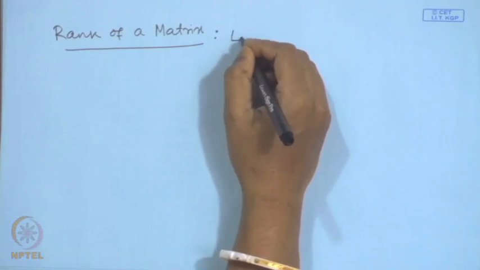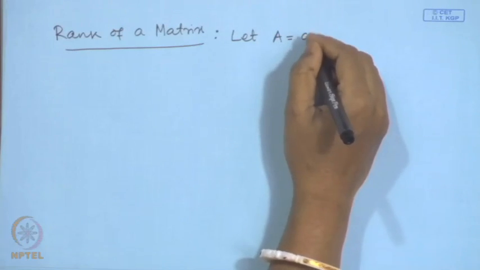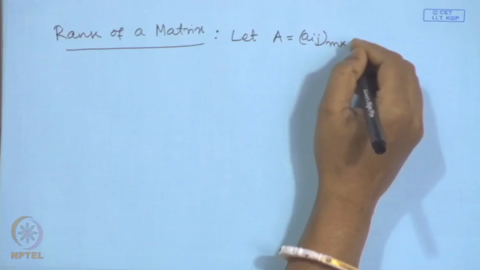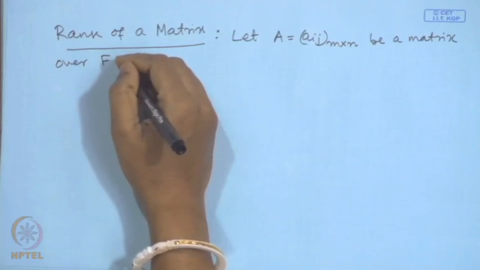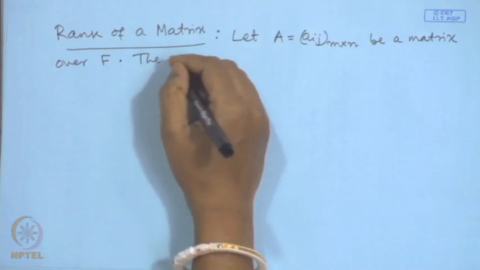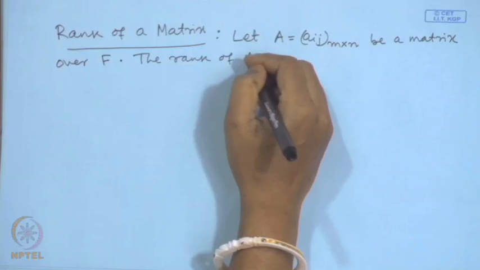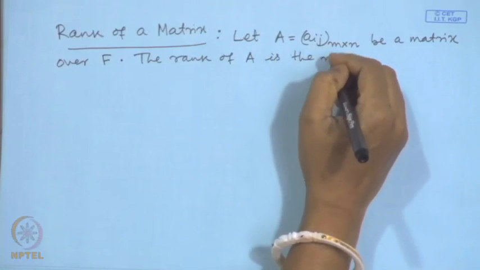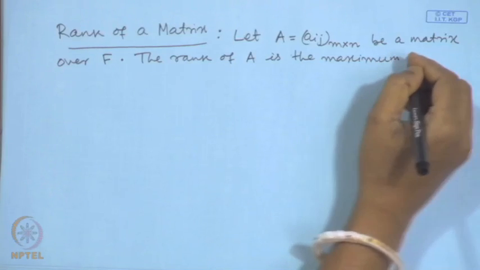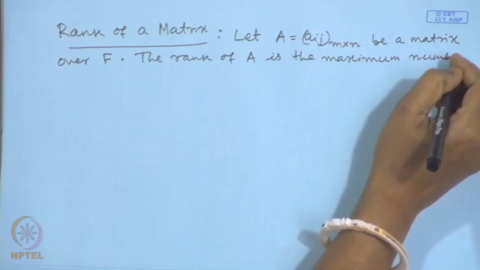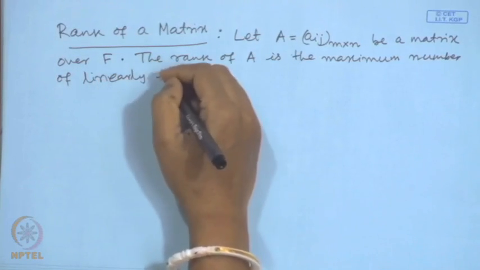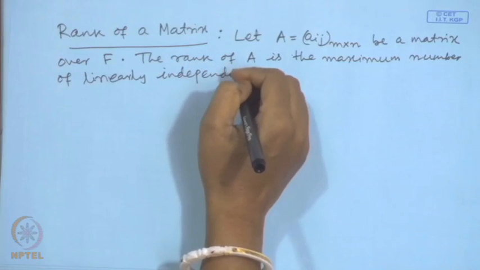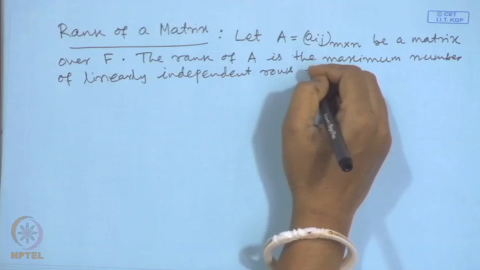So, let A_ij be a matrix of size m by n over F. The rank of A is the maximum number of linearly independent rows in A.